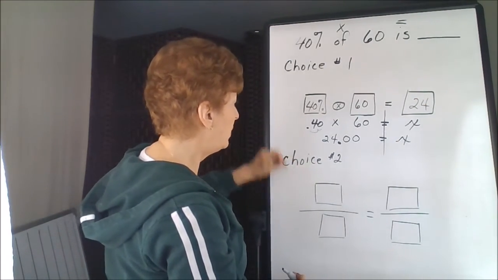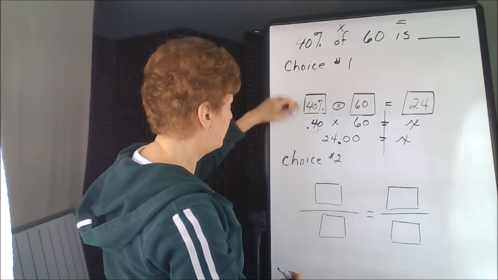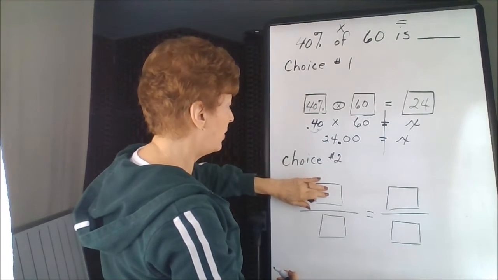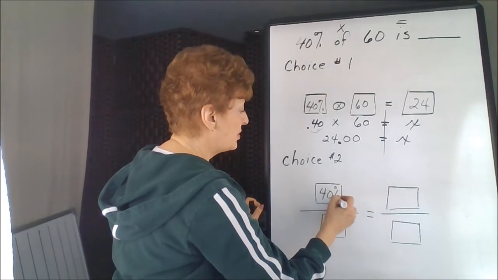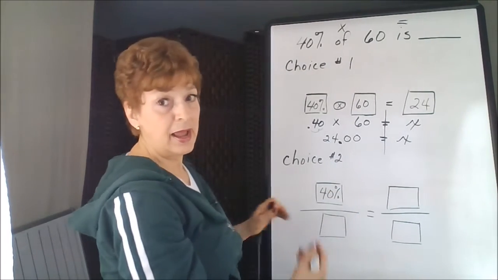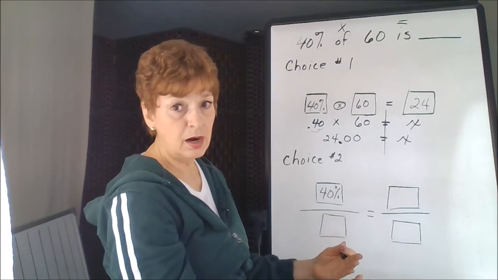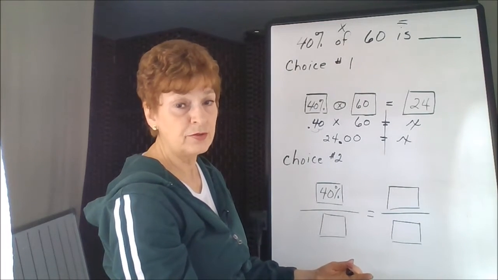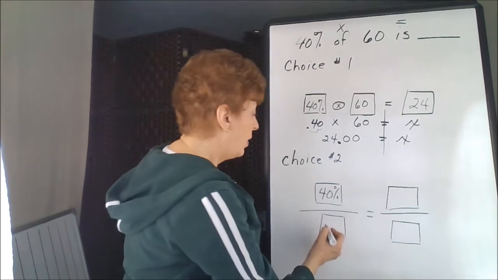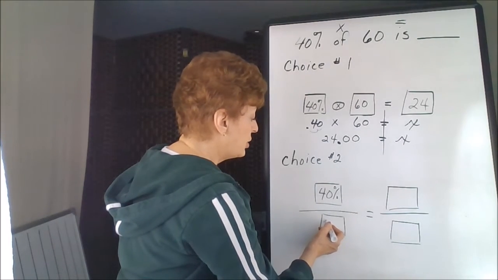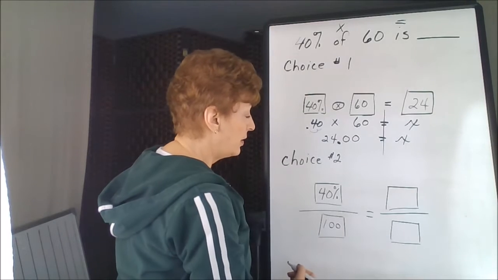Choice 2 would be to take our 40%, again that goes in the first box. When we have the 40%, we know that any percentages are figured on 100. It's out of 100. That's what percent is. So the denominator of this fraction is always going to be 100.